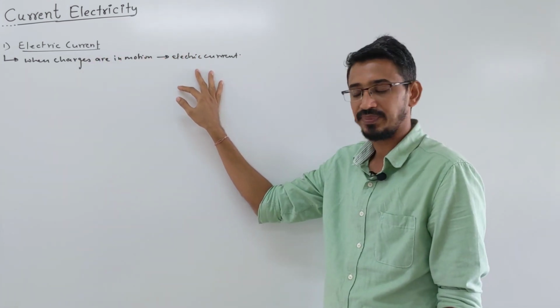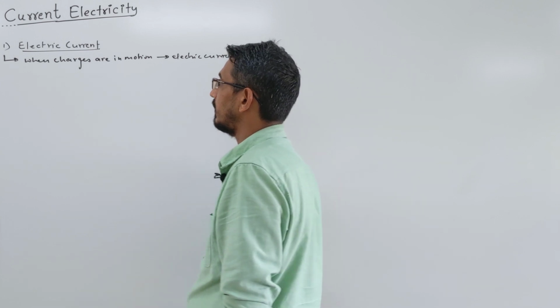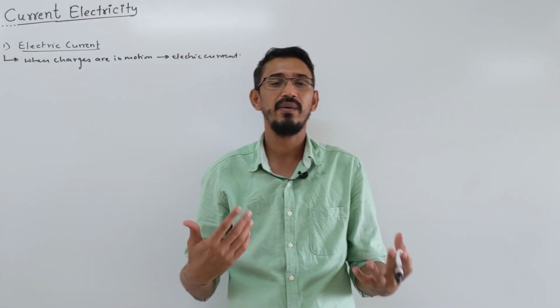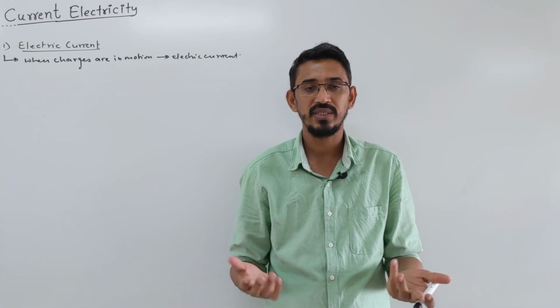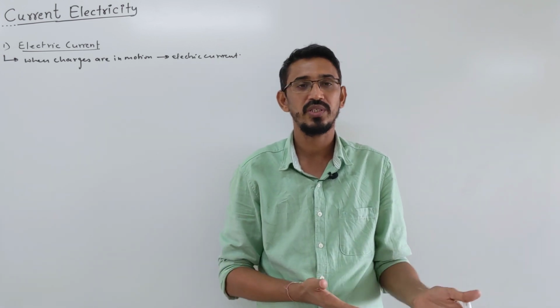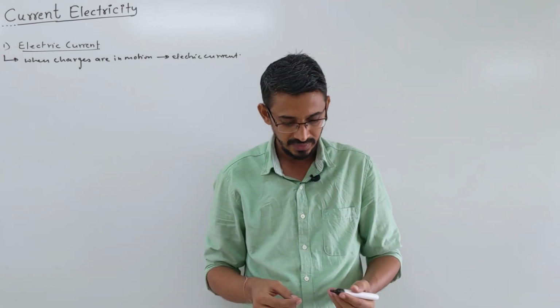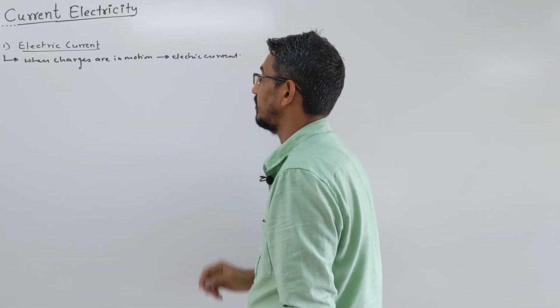So when charges are in motion, they will produce electric current, right? Then you have seen that generally, like I recently taught semiconductors, we have 2 types of charge: holes, which are positive charges, and electrons, which are negative charges. So look here, how charge moves.